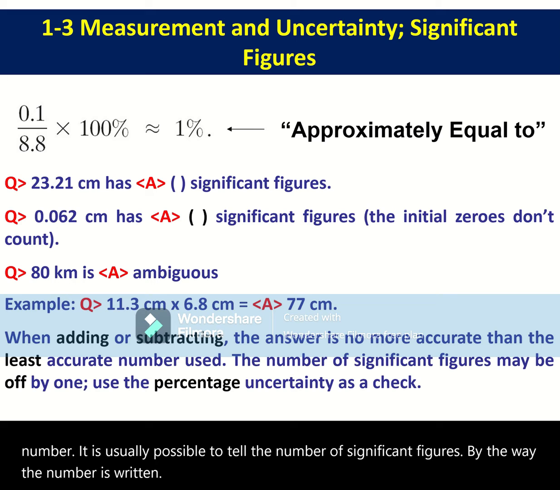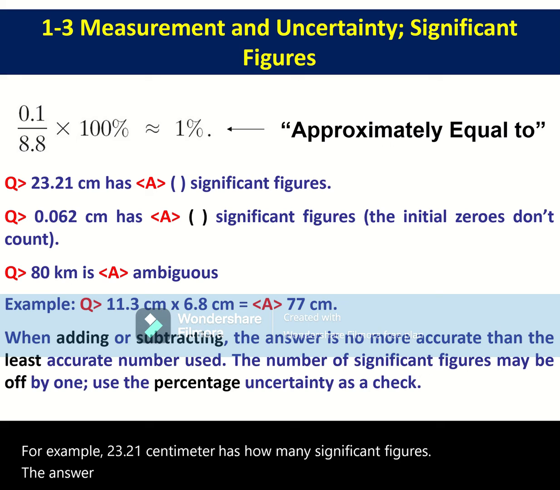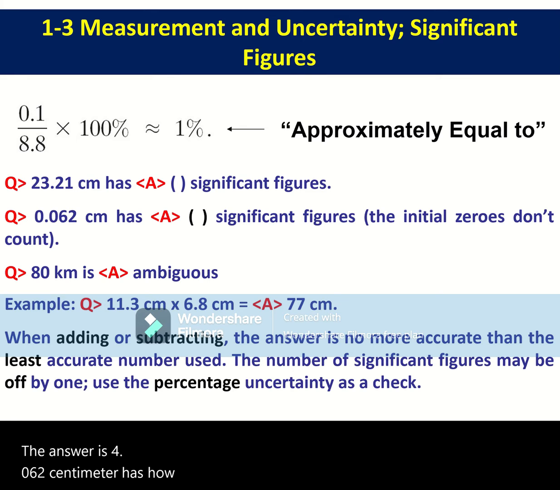For example, 23.21 centimeters has how many significant figures? The answer is 4. 0.062 centimeter has how many significant figures? The answer is 2, because the initial zeros don't count.